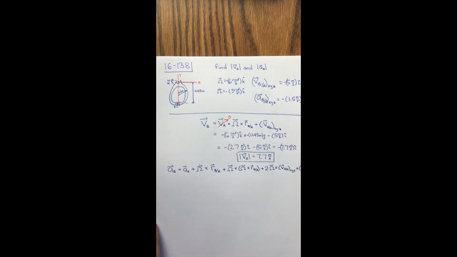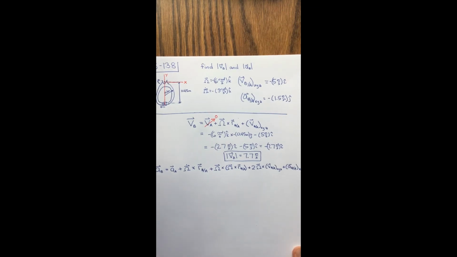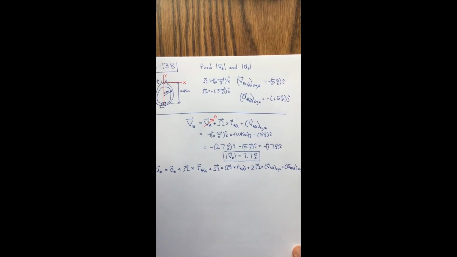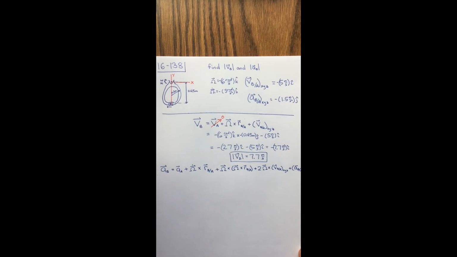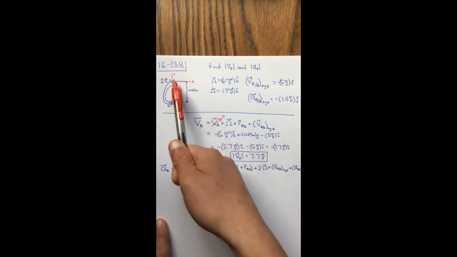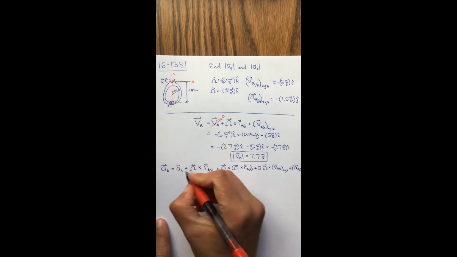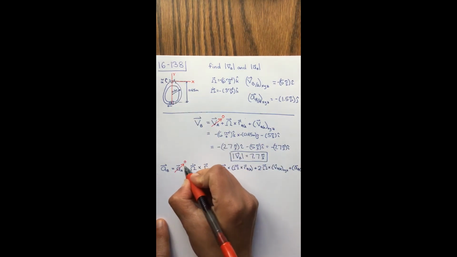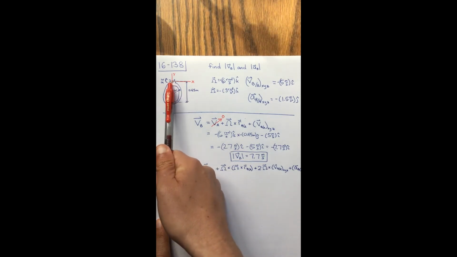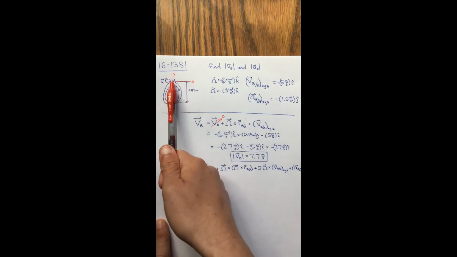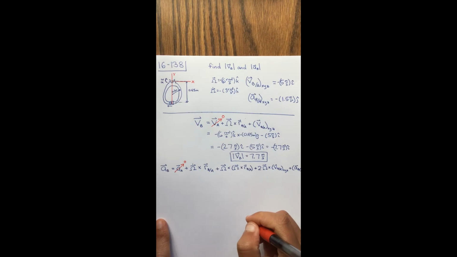Now we want to find the magnitude of the acceleration. So this very long equation, which doesn't all fit on the screen at the same time, is equation 16-29. Thankfully, many of these terms are equal to 0. So point A here has an acceleration of 0. It's not going anywhere. The hoop is rotating, but point A is not translating.